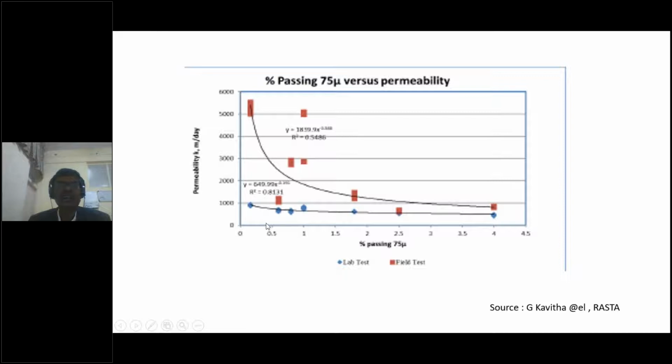I have not seen zero fine content, and practically it may not be possible, but the important target in the GSB is to avoid the 75 micron. If it is 4%, from 5500 to 1000 it has come down. So much is the performance reduction, and we know what will happen if the permeability reduces.